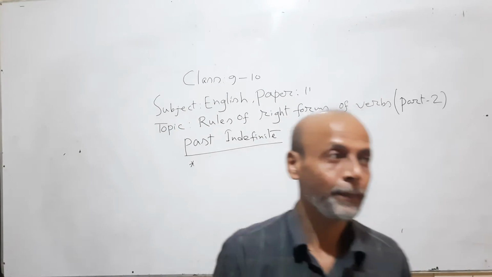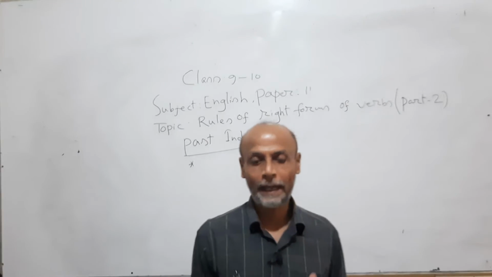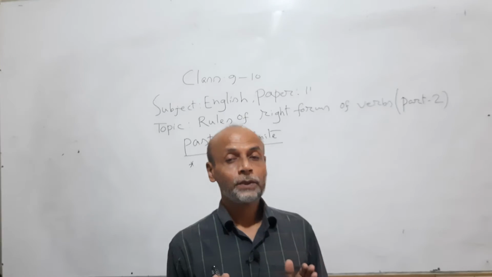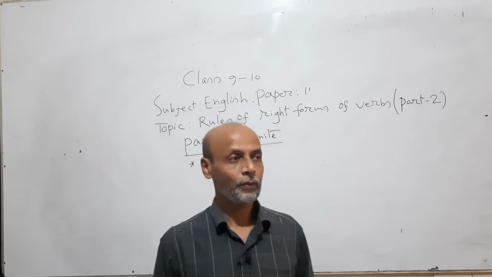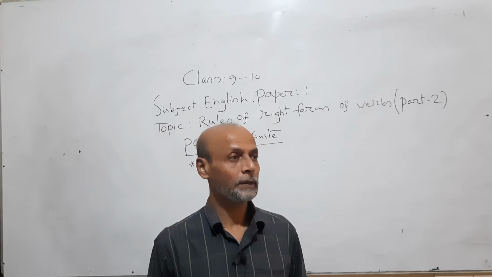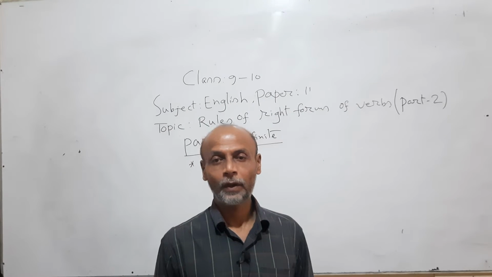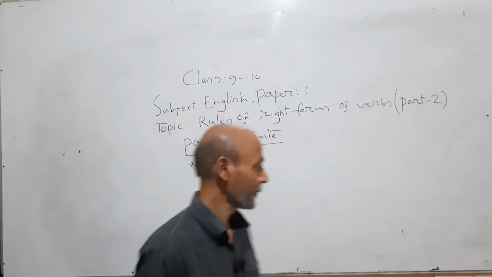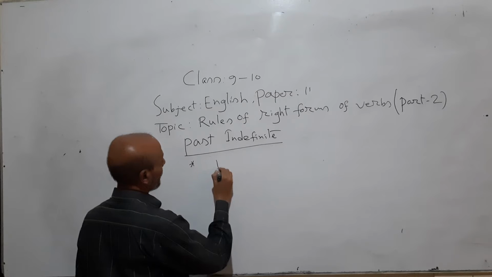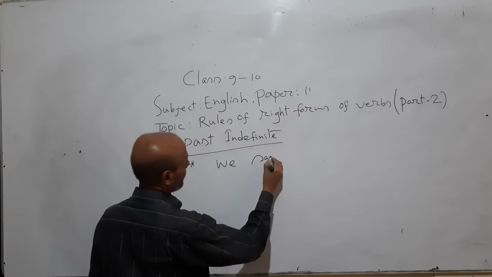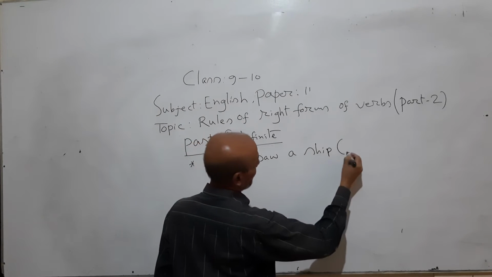You are familiar with the simple sentence. When in a simple sentence you get two verbs, then you have to change one of the verbs, that is the second verb, to infinitive or participle. For example, we saw a sheep come.